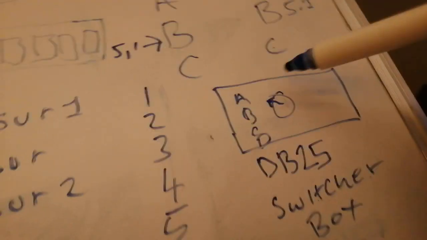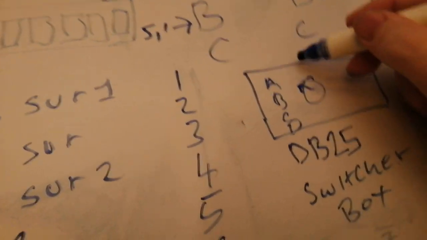So the outputs coming from the Storm, they'll go into a DB25 connector.